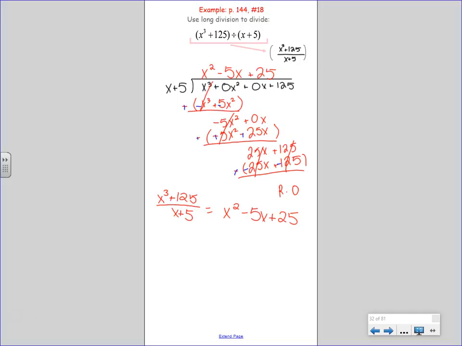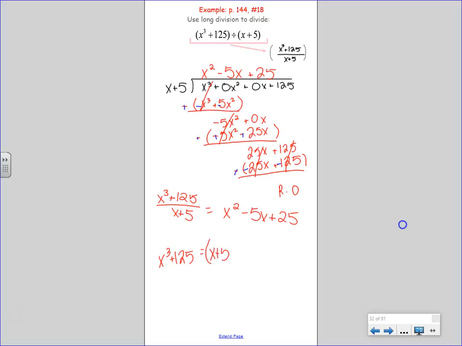That's the problem, right? Yeah. On the left equals the right. We divided, we got the answer. What else could we use this for, besides just dividing? Factoring. Because I can move around this equation just a little bit, and I could multiply this to the other side. Hence, I could say x cubed plus 125, 2 perfect cubes with a plus in between.